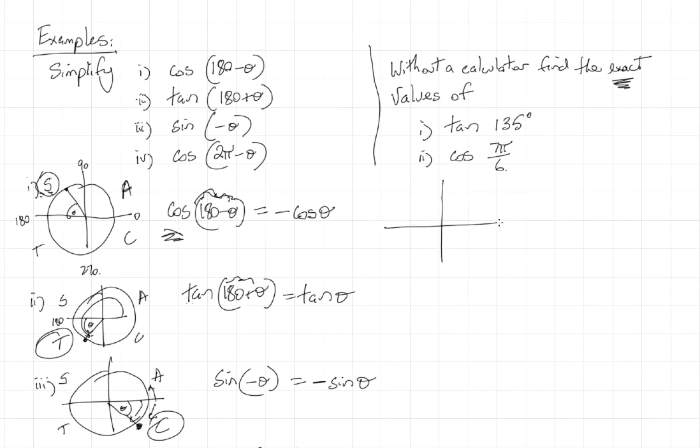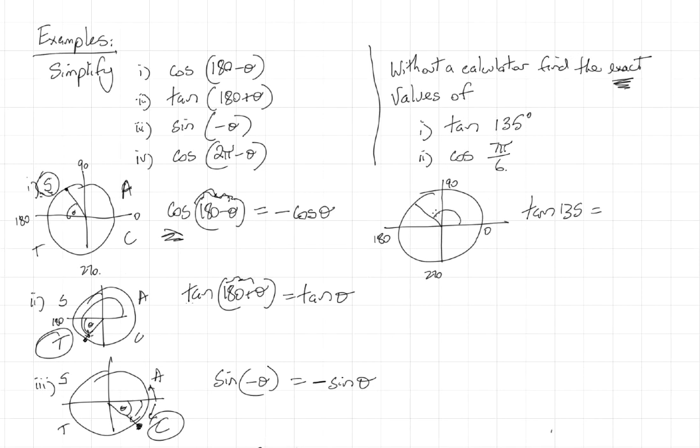We draw a unit circle. 135. So that's 0, 90, 180, 270. 135 is somewhere between 90 and 180. So we've got the tan of 135 equals, with all of these questions, including the ones I just did before, you always work from the x-axis.